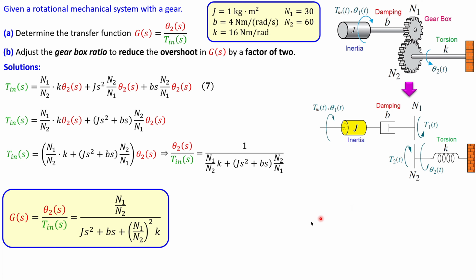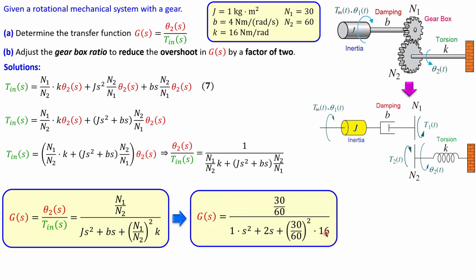It's a nice observation. Okay, now we can move on and substitute the values we have, because we know what we have for this situation, the J and B and K and also the n1 and n2. So let's substitute everything. So we get 1, 2 here, and you get also here 16 and then times 30 over 60 squared, and in the denominator you get 30 over 60.